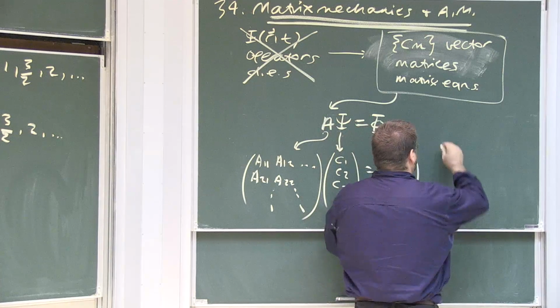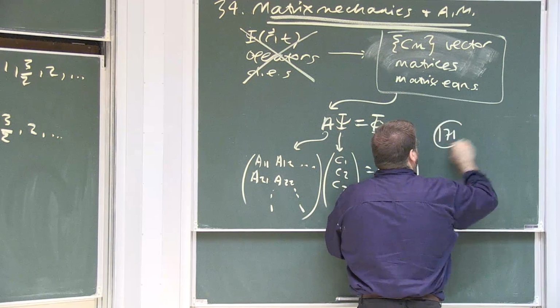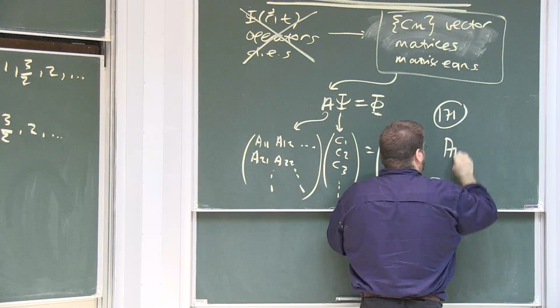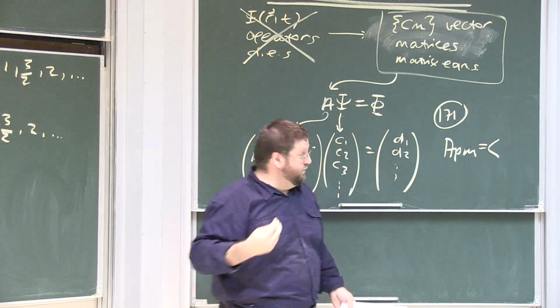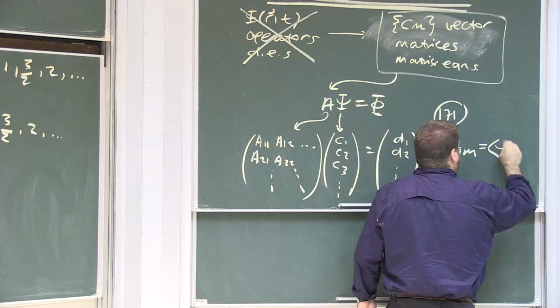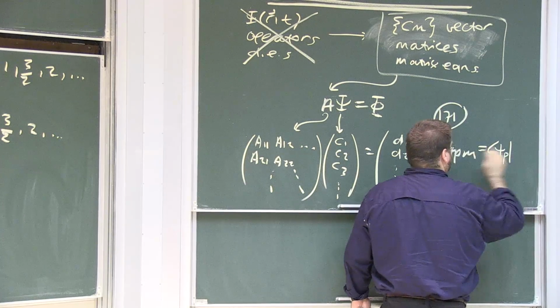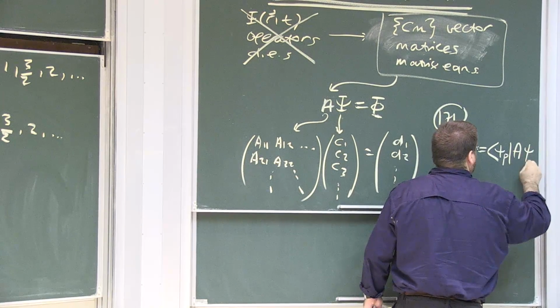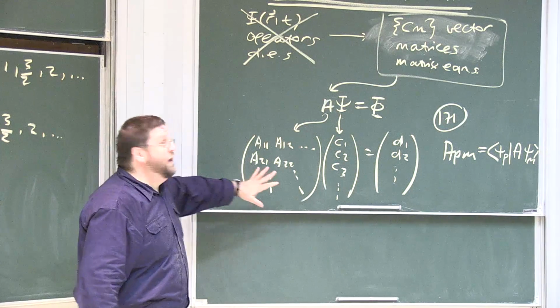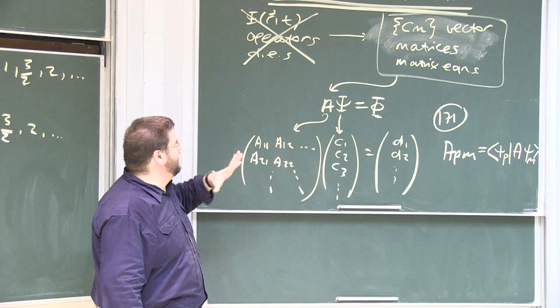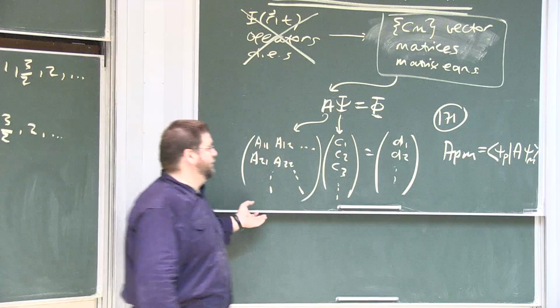The matrix elements were given by equation 171, which I'll just write down here. The elements of the matrix, A subscript pm, were obtained via a certain Dirac bracket, where you put the pth eigenfunction here, the linear operator A there, and the mth eigenfunction here. So this is how to get a matrix formulation of quantum mechanics, which is essential for the theory of spin.